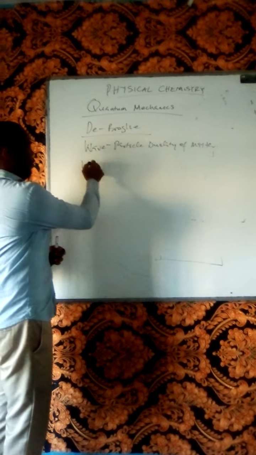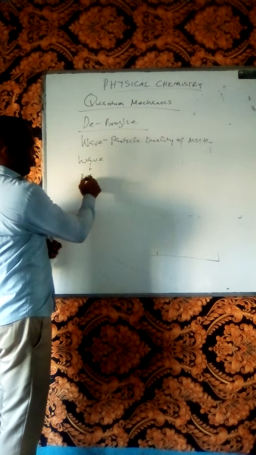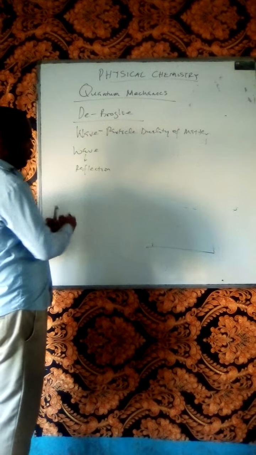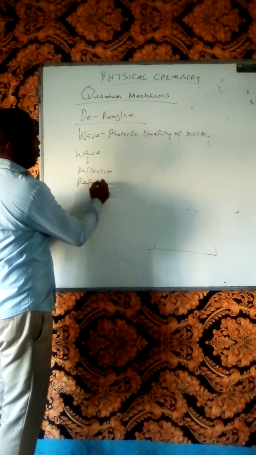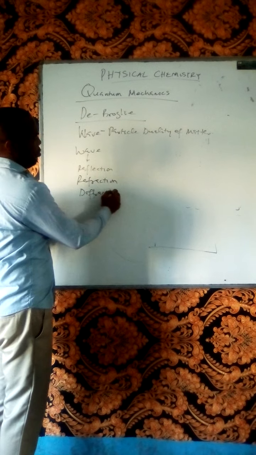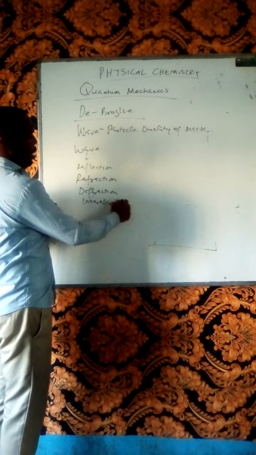So what are the wave characteristics of matter? They include reflection, refraction, diffraction, interference, and polarization.